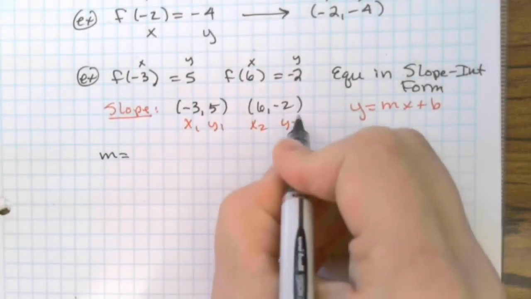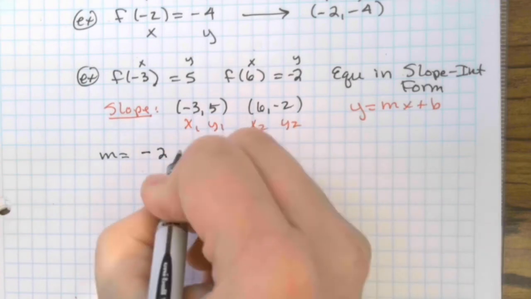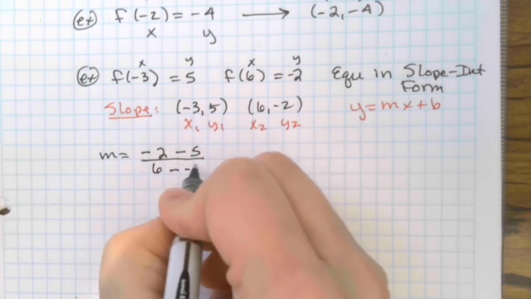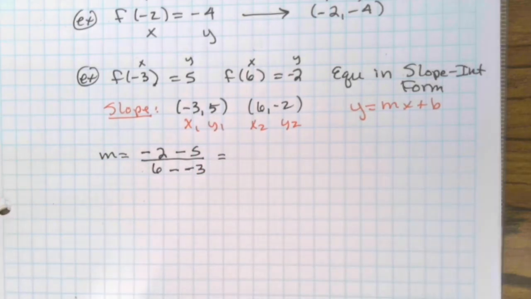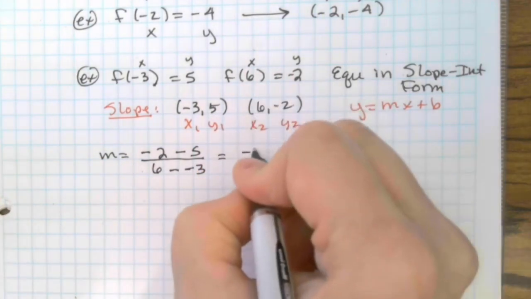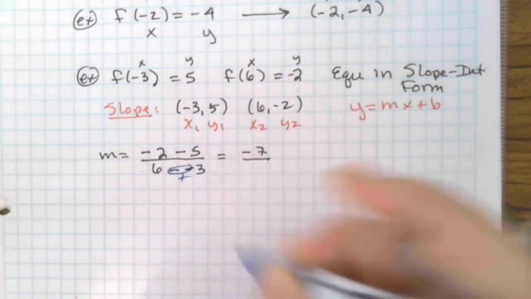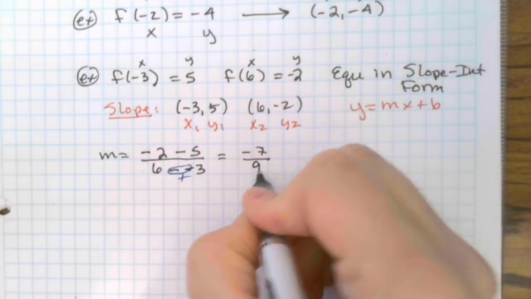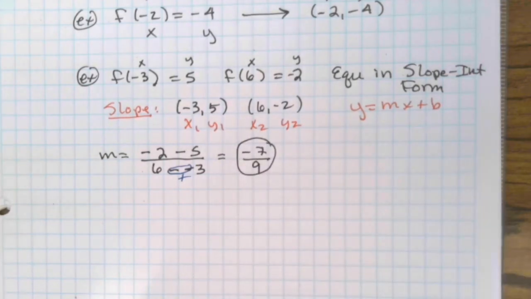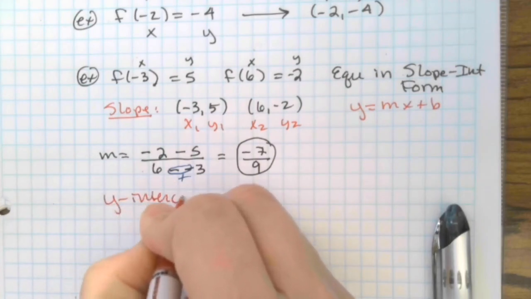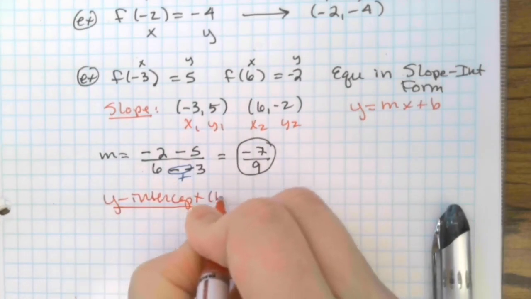So slope equals y sub 2, -2, minus 5, which is y sub 1, over 6 minus a -3. -2 minus 5 is -7. A negative times a negative is a positive. 6 plus 3 is a 9. I have the slope. So now I need to find the y-intercept, or the b value.